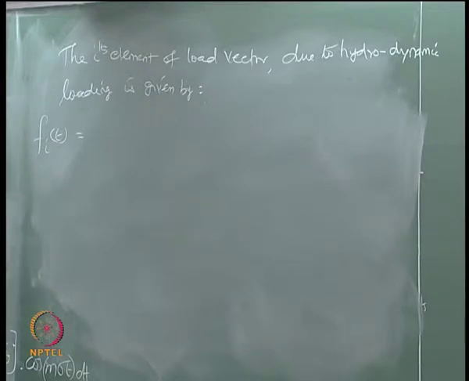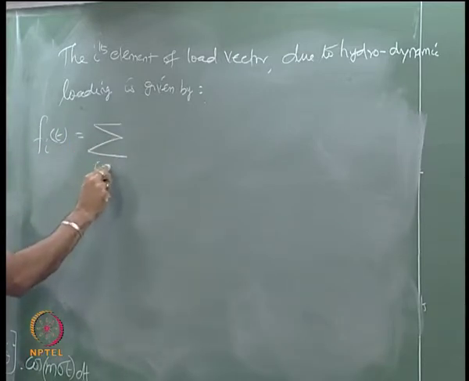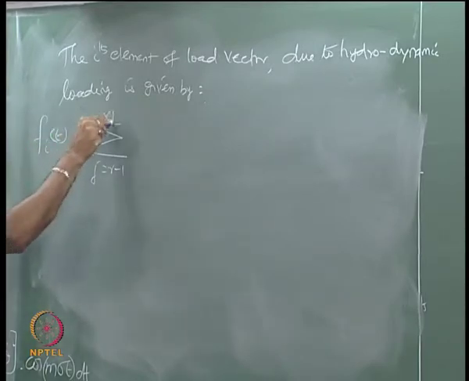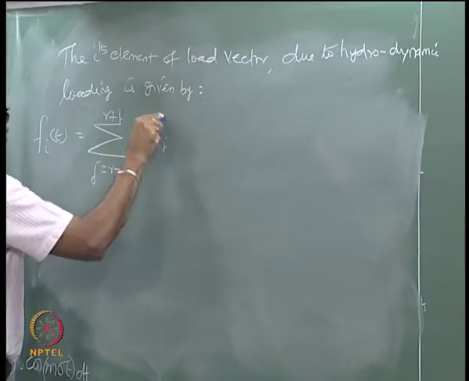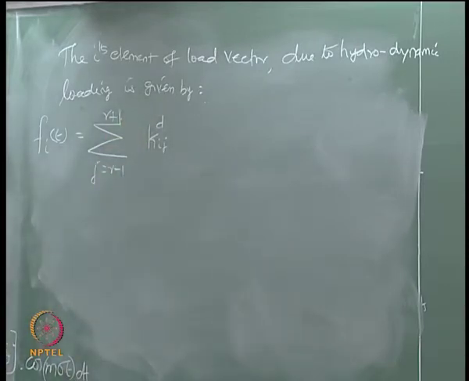So, it is going to be a summation of j equal to r minus 1 to r plus 1, 3 nodes, that is how Newton-Raphson works. I write it in a different notation actually, k ij of d, please follow this notation, I will explain this now.